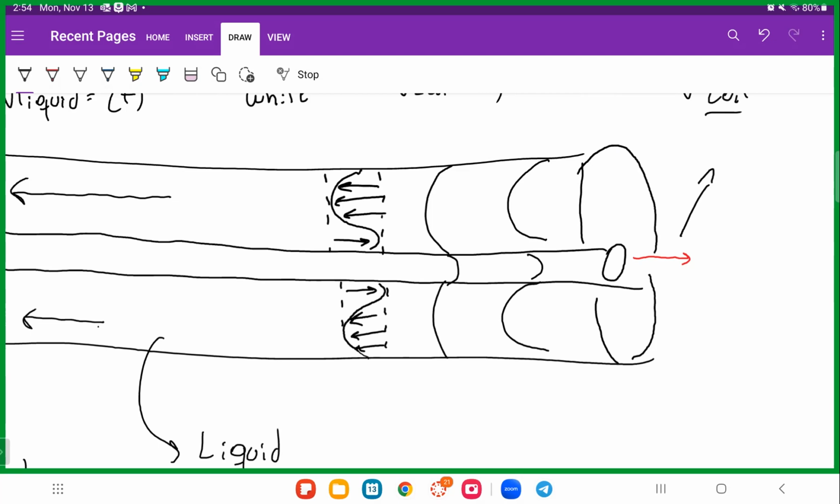Because what you have in the cylinder is blood, and in the catheter you probably have a drug or saline. It's a valid example, but you won't get a question like that in this class. Having two different fluids in the same system and figuring out the overall velocity is something you guys haven't seen either.